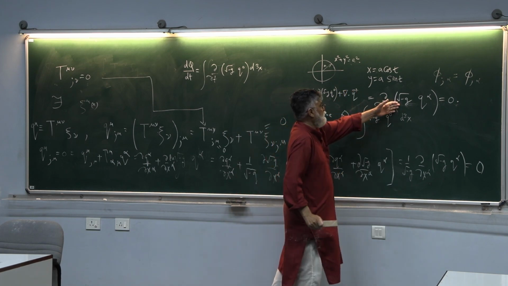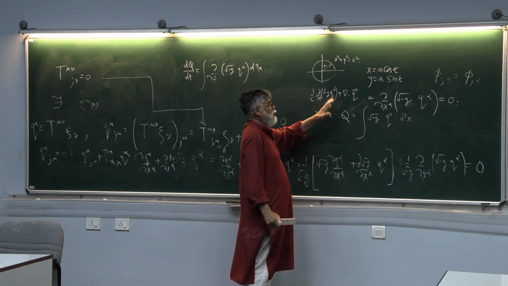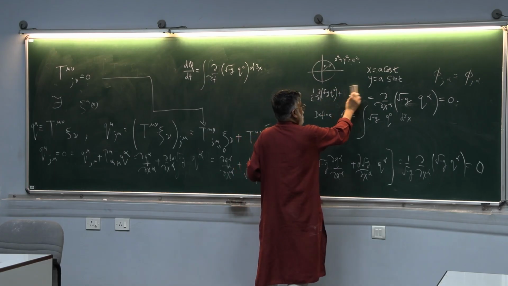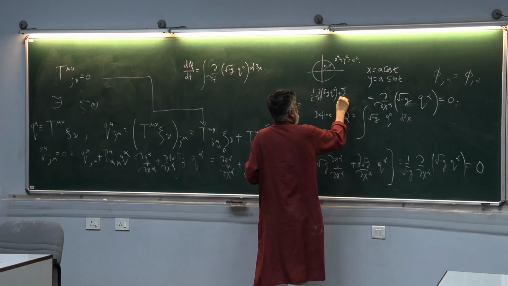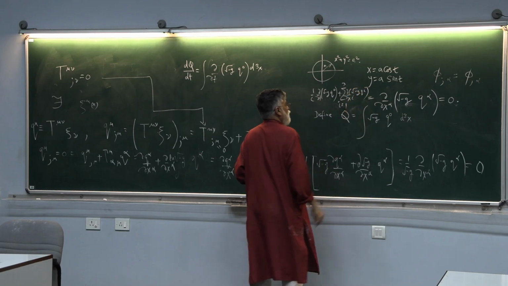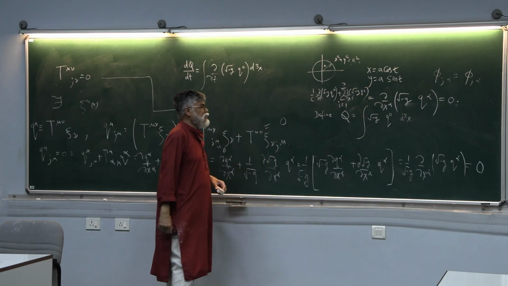Divergence here is in a curvilinear coordinate system. Strictly speaking, I should be writing summation i equal to 1 to 3 of del by del xi of root minus g qi. That's what I mean, but the xi's are in general not Cartesian.